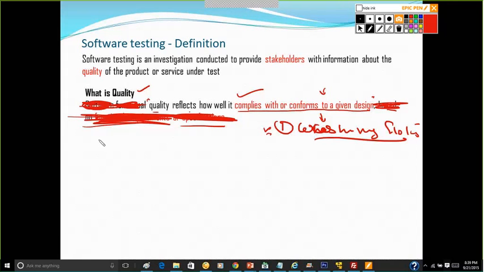If you don't get it, what will you say? If you are using paneer tikka masala and it doesn't even taste close to paneer tikka masala, what will you say? Yeah, that means the quality is not good, and that means it's not satisfying my requirement.